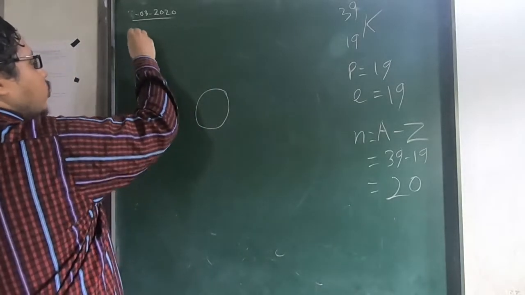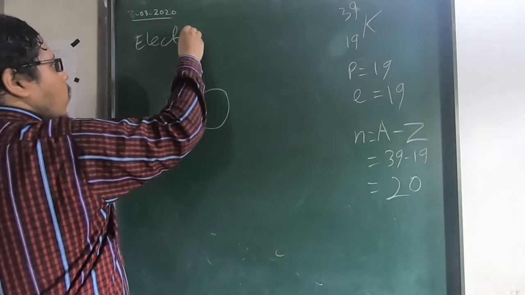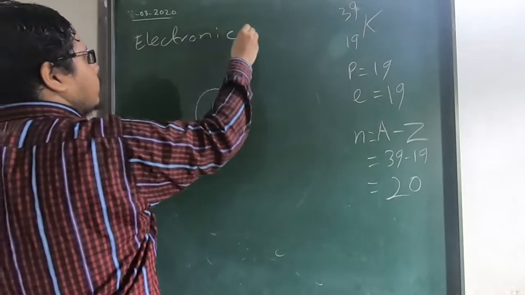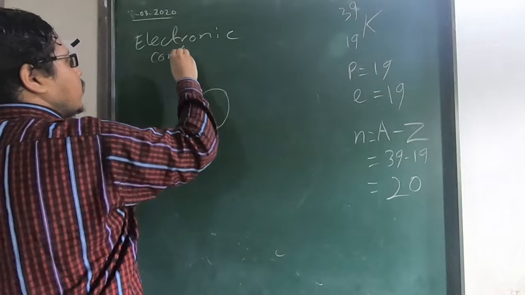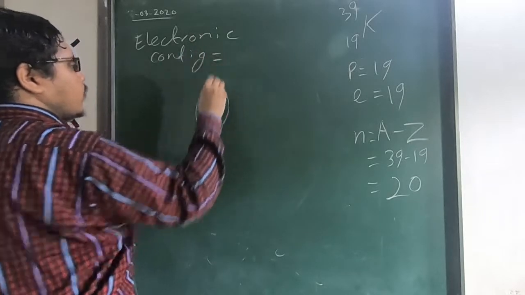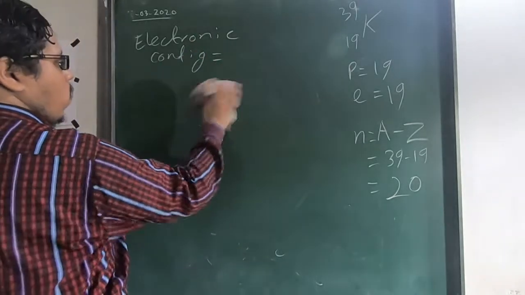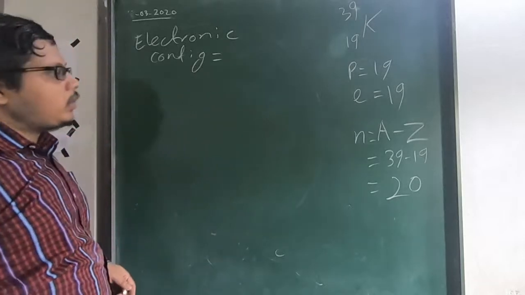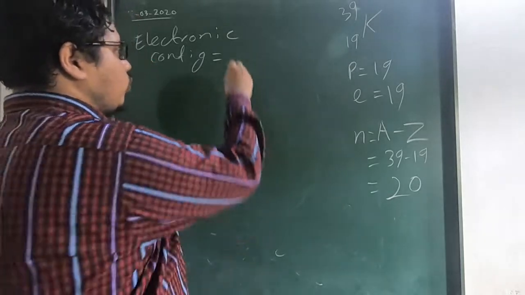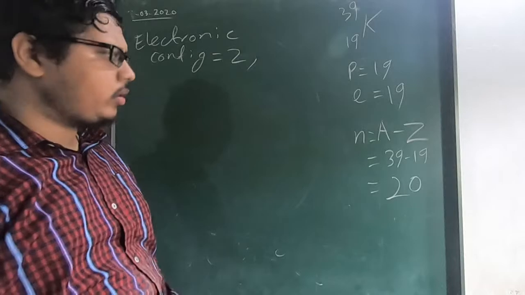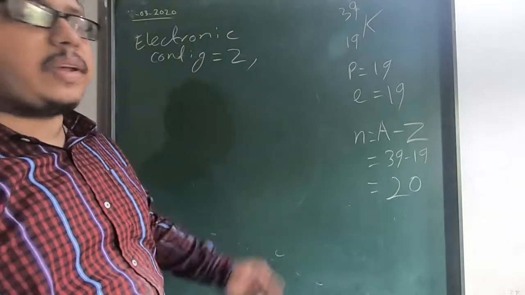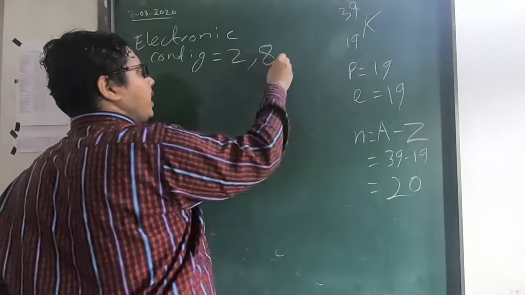Now, if I do the electronic configuration first. The first shell can have how many? 2, is it not? And the second can have how many maximum? 8.